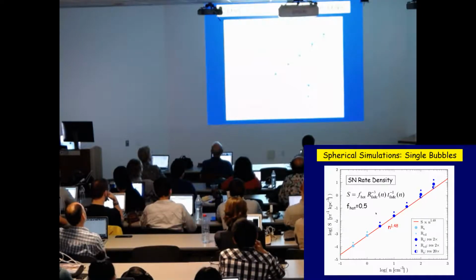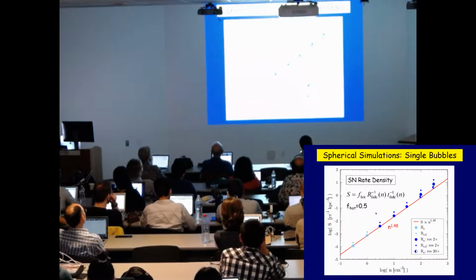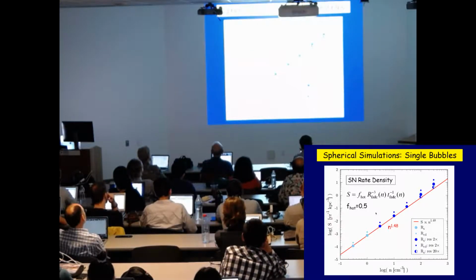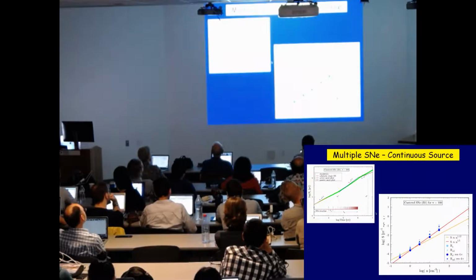Look just at the lower symbols. These are the ones with the highest resolution. So you have convergence to this very nice 1.5 slope as predicted. So that's for a single supernova, very obvious.